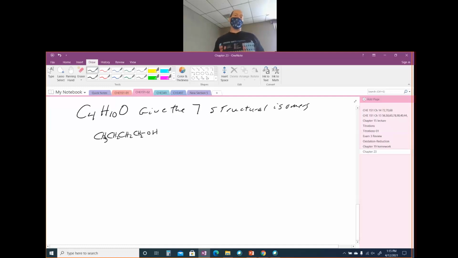All right, and so I have my CH3, CH2, CH2, CH2, and an OH. That is 10 hydrogens, 4 carbons, and the 1 oxygen. And so here is a structure, and I need to name it. And again, when you name it, you want to number it closest to the group so that that group number is as small as possible. In this case, it is 1. So we have an alcohol.